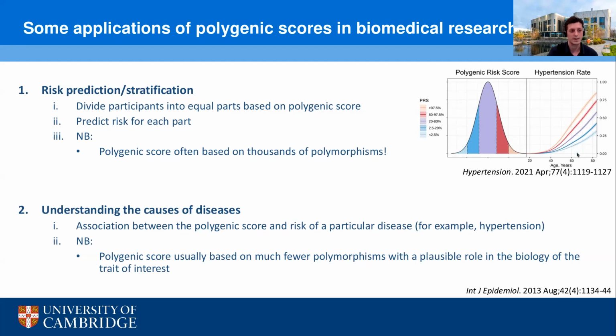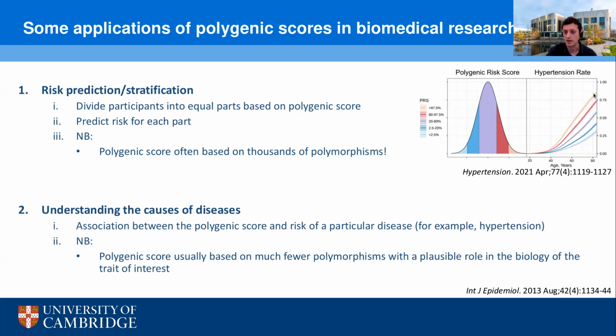You can see on the right-hand side of this image that the risk of hypertension for people age 80 is very high for people in the highest category of polygenic score, people who have on average the highest level of polygenic score.